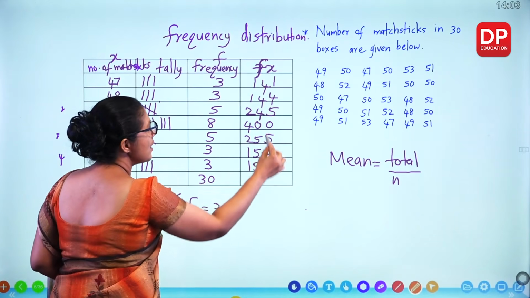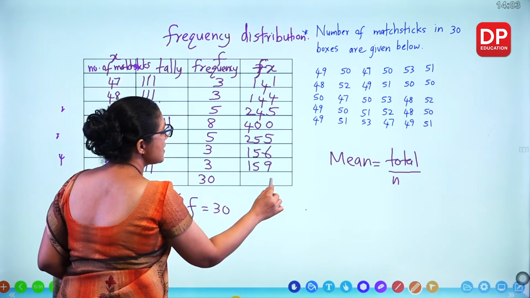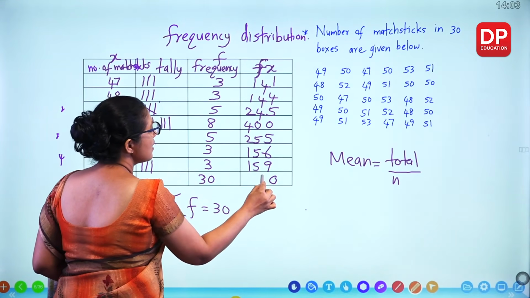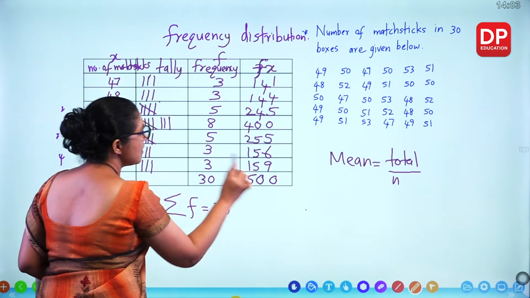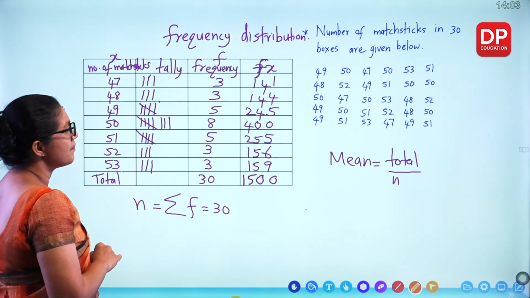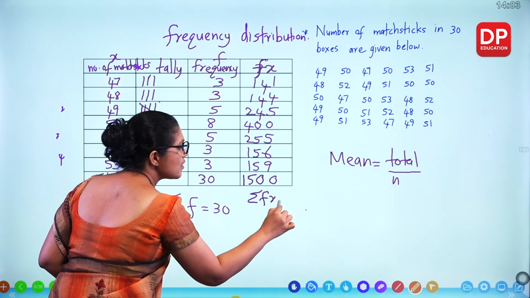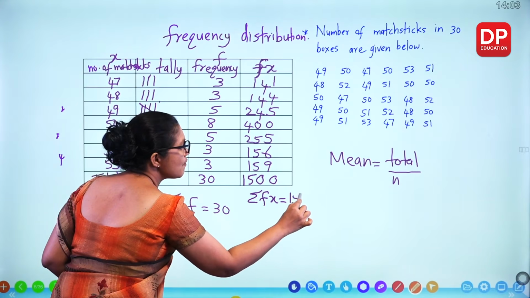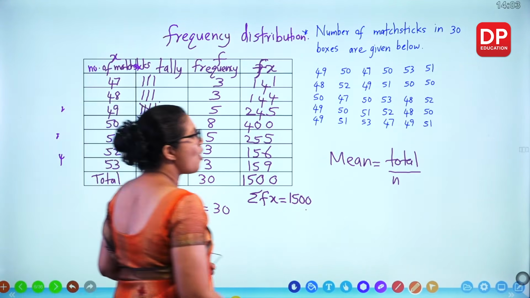So what's that? Add it together. When you add it, you get 1500. So we can write sigma fx, the total fx, is 1500. So what's the average or mean value?